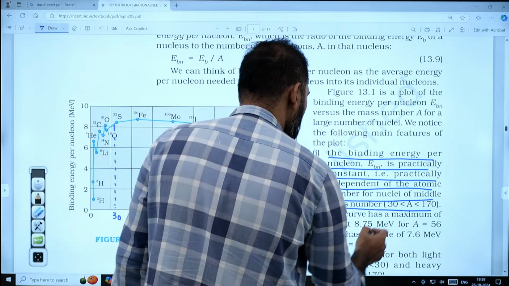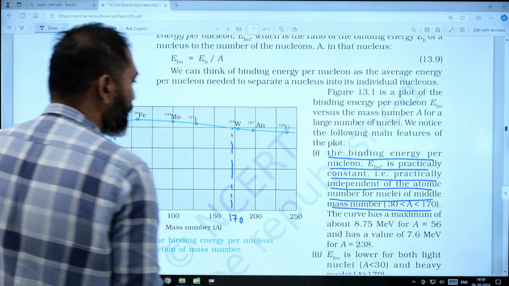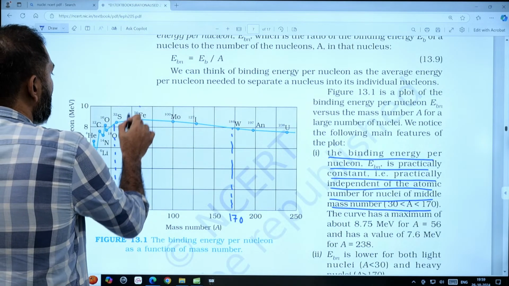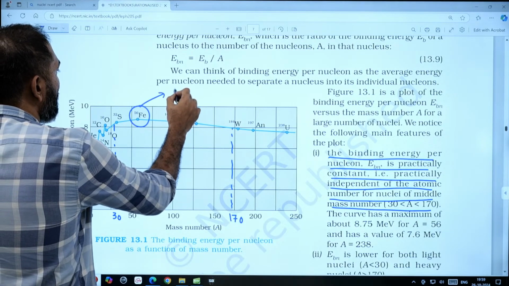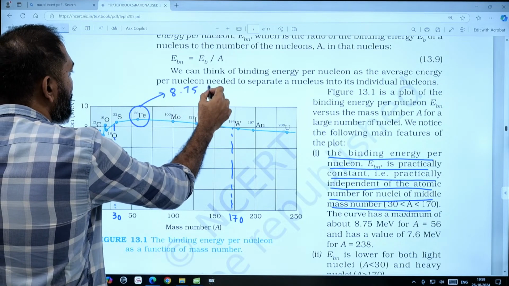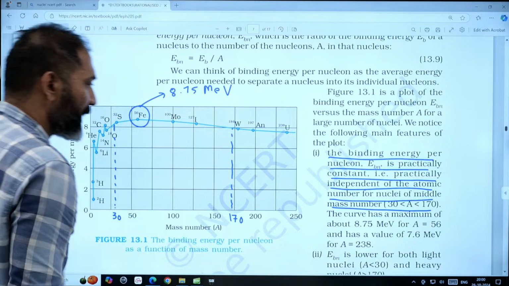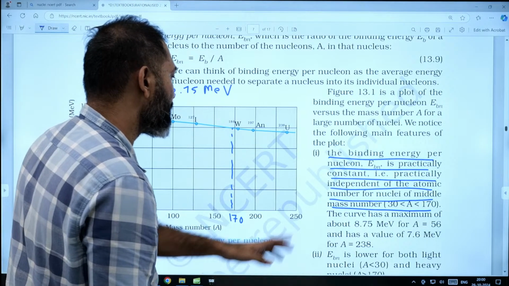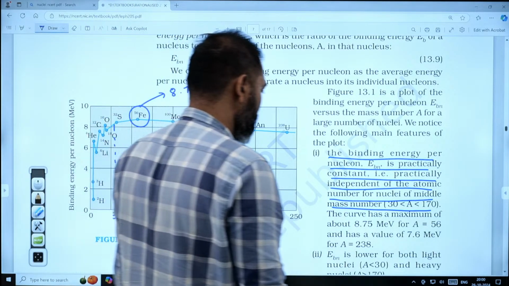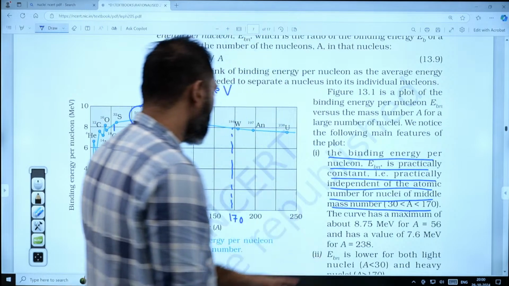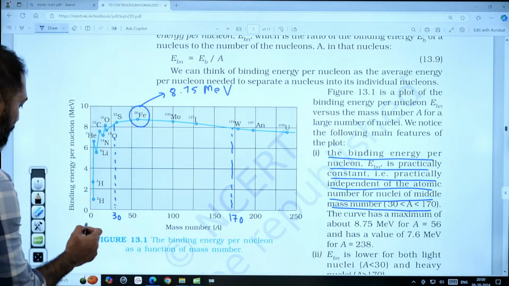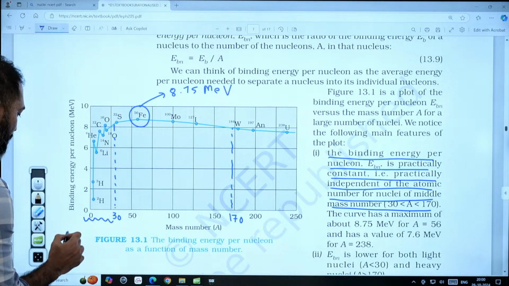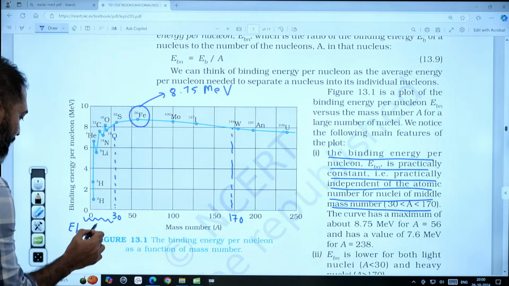The curve has a maximum of about 8.75 MeV for mass number 56. What is the binding energy per nucleon of iron? 8.75 MeV for mass number 56. Then the binding energy per nucleon is lower on this side: for lower mass numbers, the binding energy per nucleon is lesser.